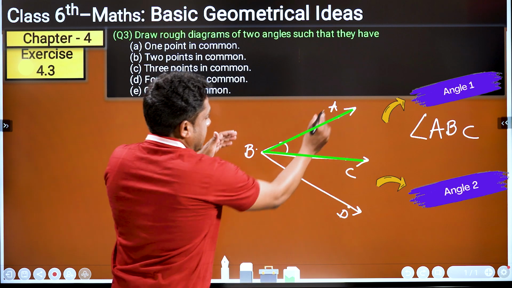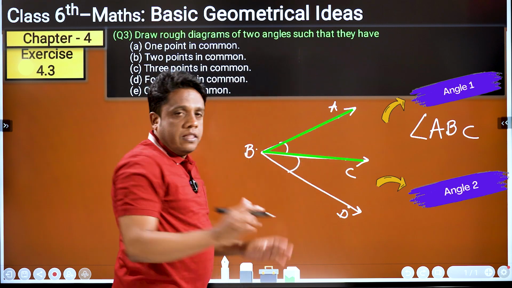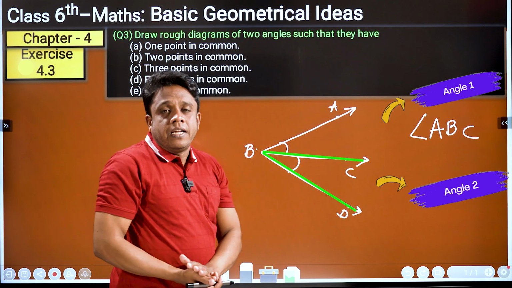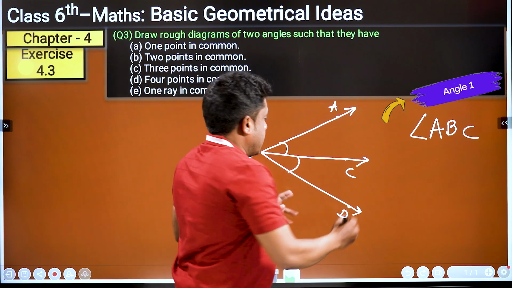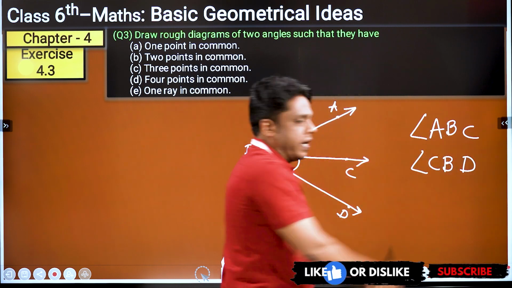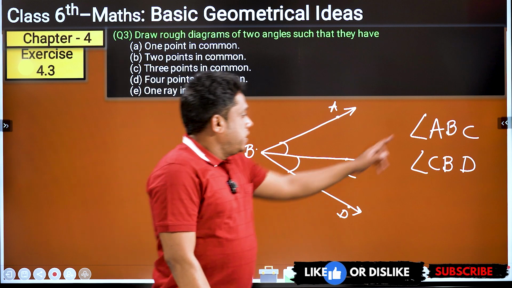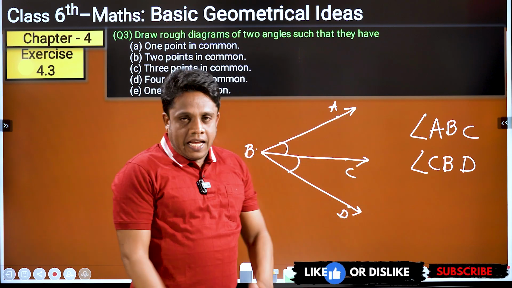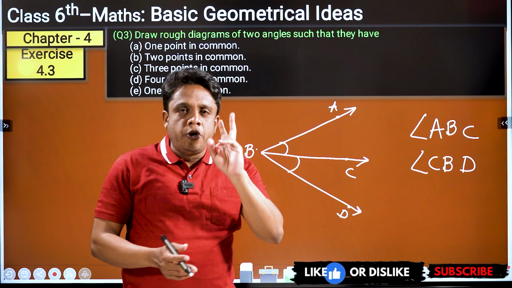The first angle is ABC and CBD is your second one. Can I write like this, CBD? Yes, we can write. So these two are angles. This is the first angle and this is the second angle. Now we have drawn two angles.